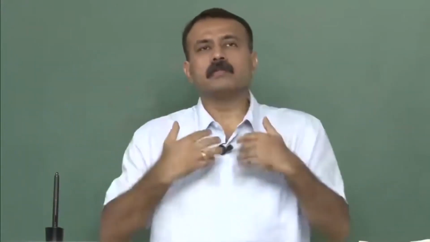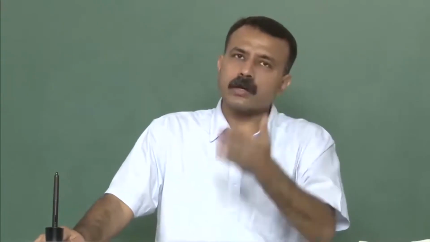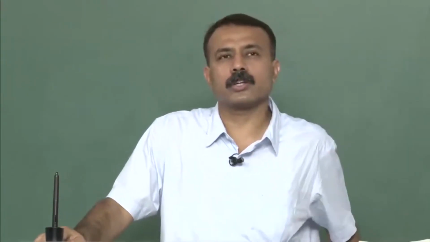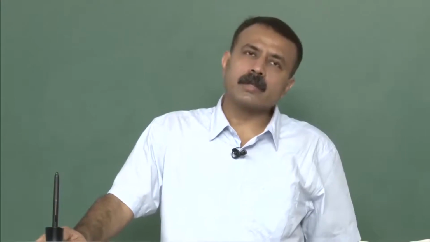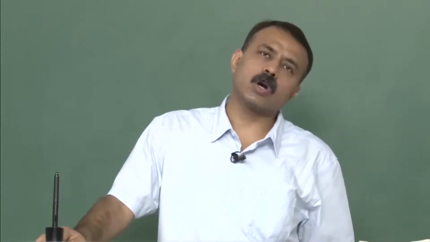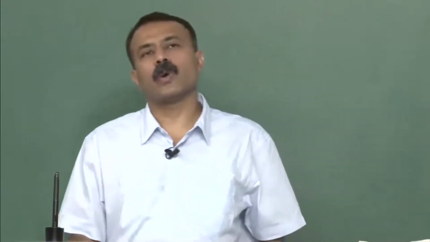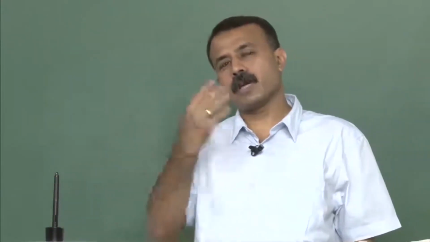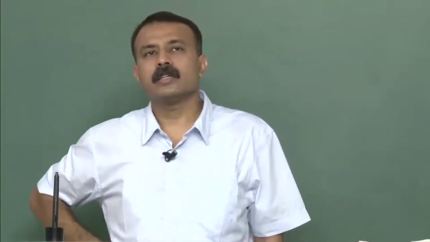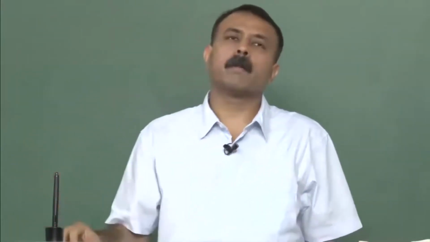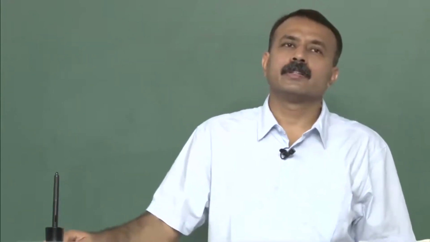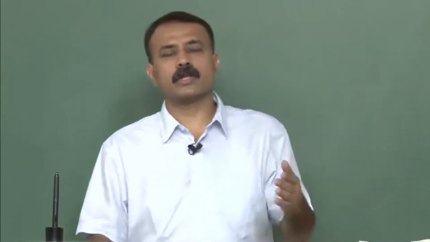This is the external respiration, where you are taking the gas into your body and you are throwing out the gas which is undesirable for the metabolism or functioning of the body. But there is another level of respiration, that is called cellular respiration or internal respiration. That is the zone where this very gas which you are picking up from outside is being picked up by the different cells.